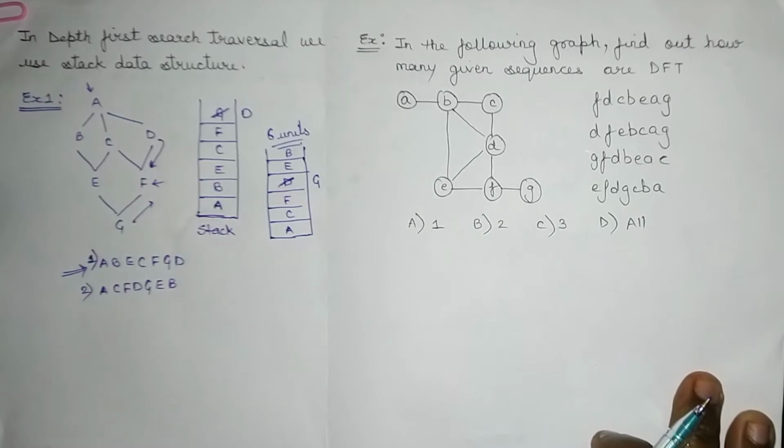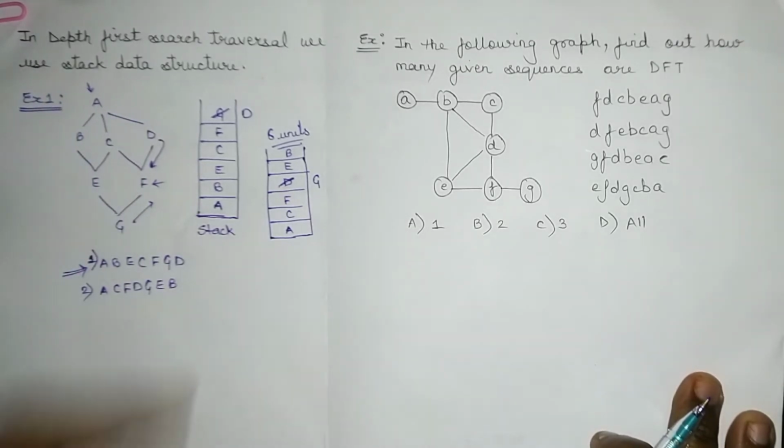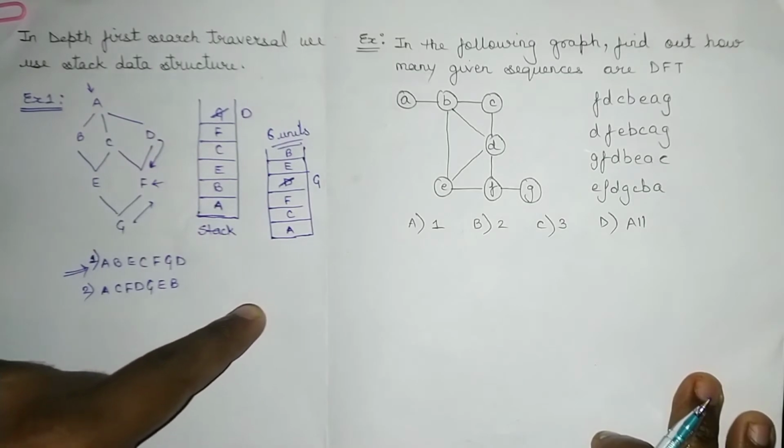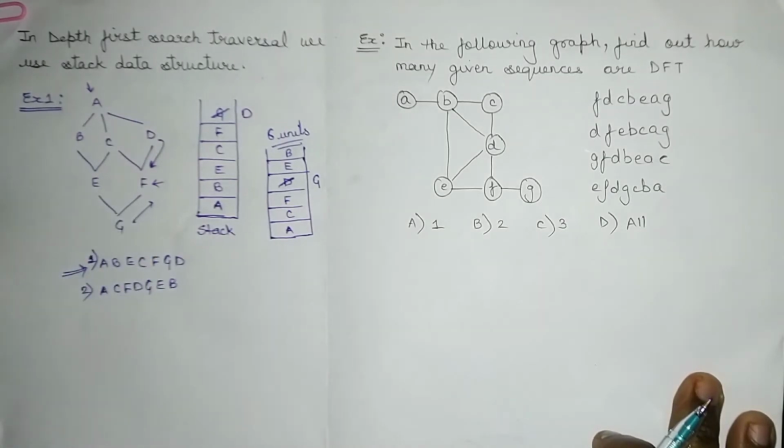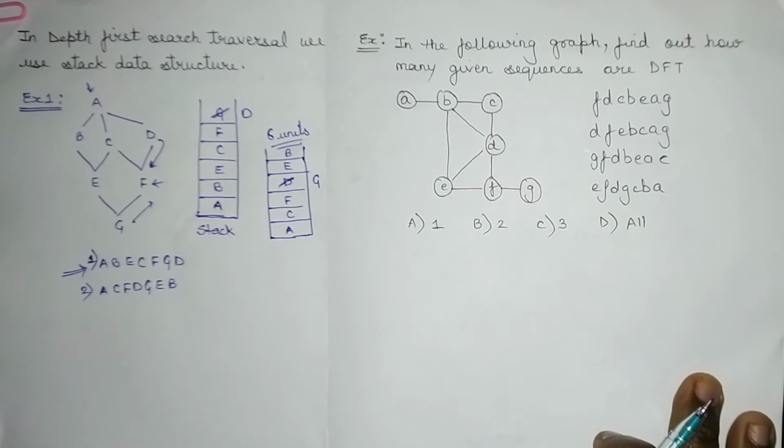There may be a possibility that in some sequence you may require 5 units. It entirely depends on the sequence how many stack units are required. In these two sequences, 6 units are required for both. So what I mean to say by this example is that the depth first traversal need not be unique, and there can be several possibilities.